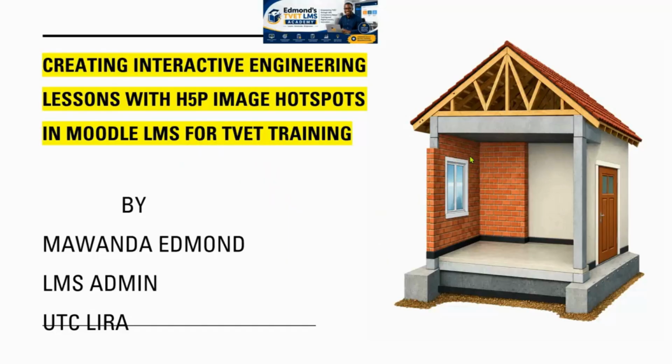Before we proceed, let's first imagine, what if this static building diagram could turn into something that a learner can click on any of the components to explore and understand each of the components interactively?